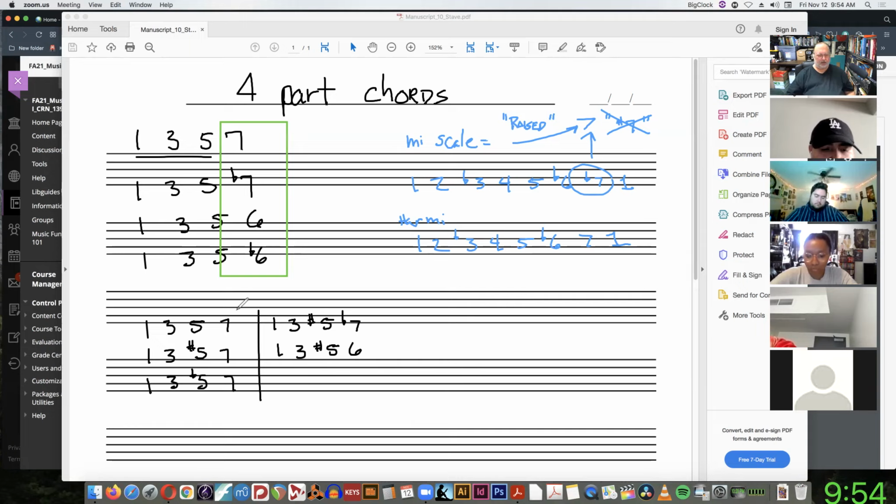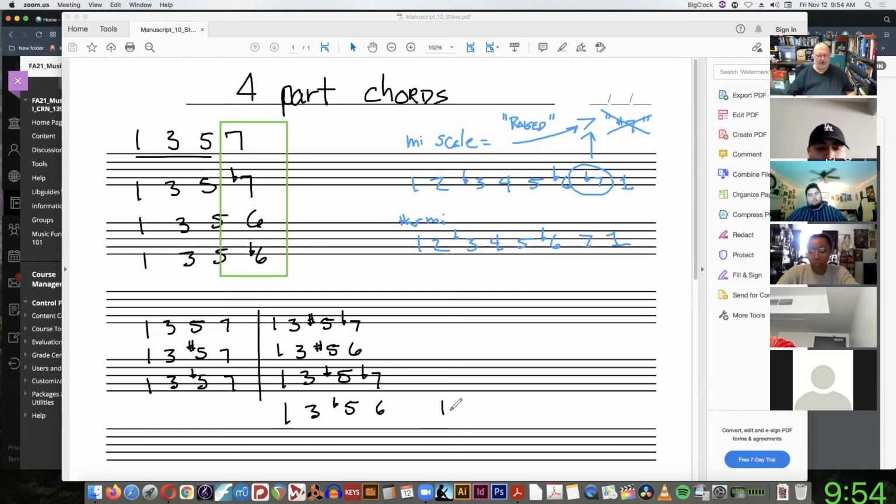Okay. Now, so we've got the 5s and the sevens, we got 7, sharp 5, 7, flat 5, 7, okay? Now we can go 1, 3, flat 5, and take that 7 and make it a flat 7, right? Or 1, 3, flat 5, 6.